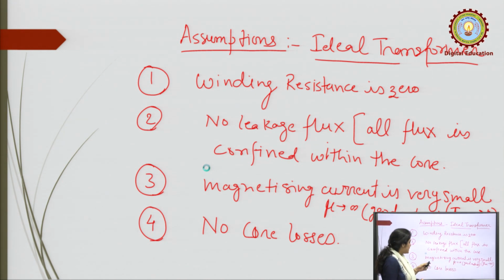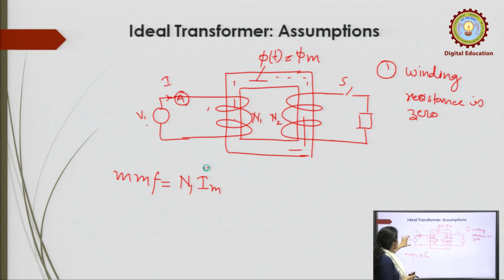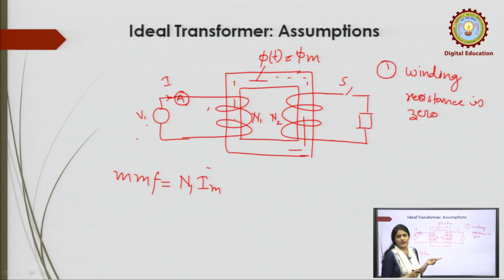Now, we see that when you apply this voltage V1, the changing magnetic field is produced, because this voltage is a sinusoidal voltage and the current is, of course, sinusoidal if the voltage is sinusoidal. So, the flux is also a changing magnetic field. Okay.